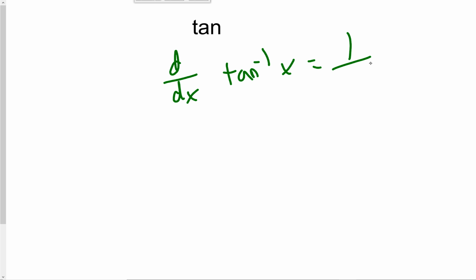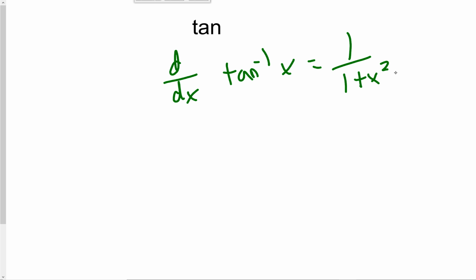All right, so let's go ahead and look at tangent. There's some different things that you can do here. I'll just give you the derivative of tangent. I think page 457 explains how you get there. The derivative of the tan inverse of x is 1 over 1 plus x squared.